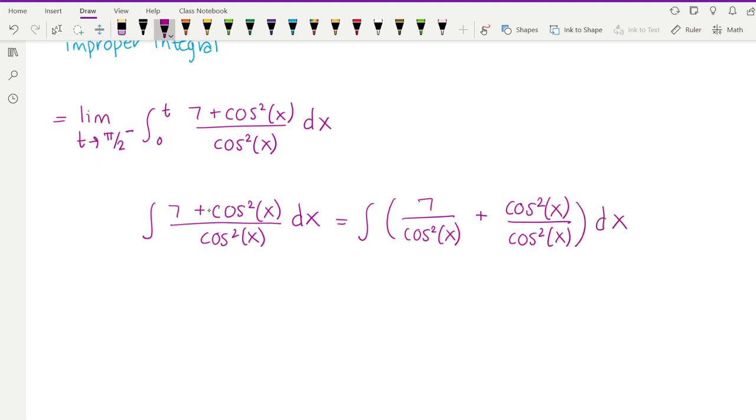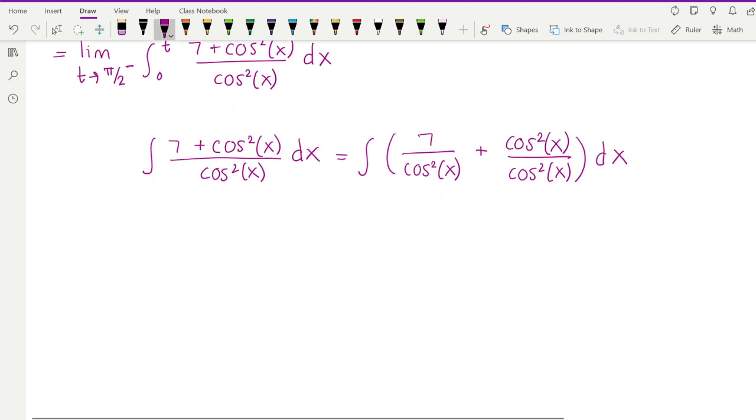And the second term here, that's going to simplify to 1. But the first term is pretty nice to work with as well, because what is another way of writing 1 over cosine squared? 1 over cosine squared is secant squared. So we can rewrite this as the integral of 7 secant squared of x plus 1.